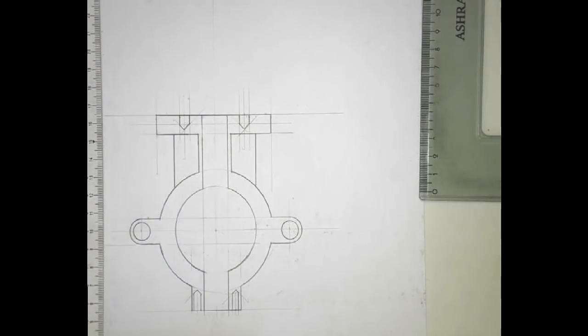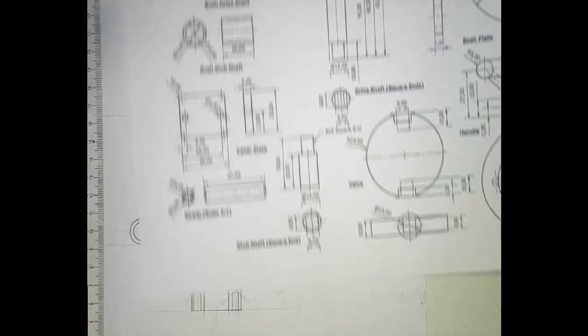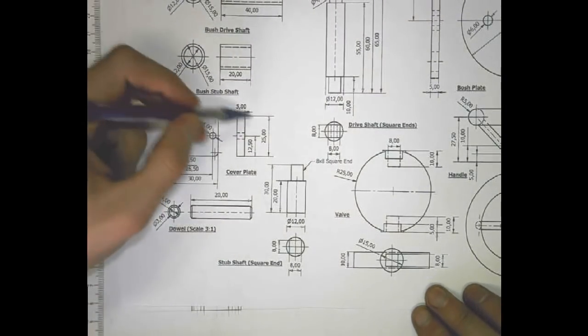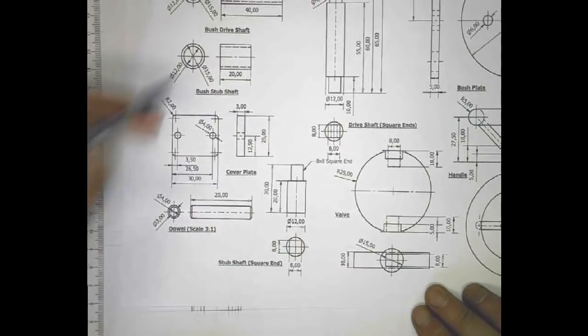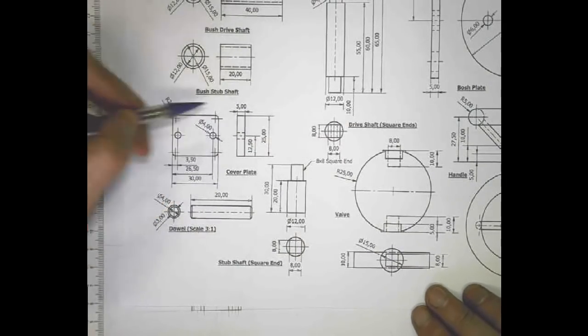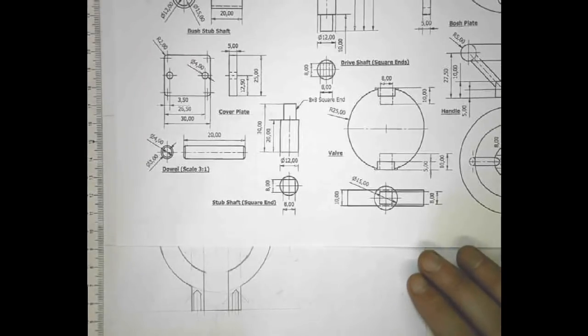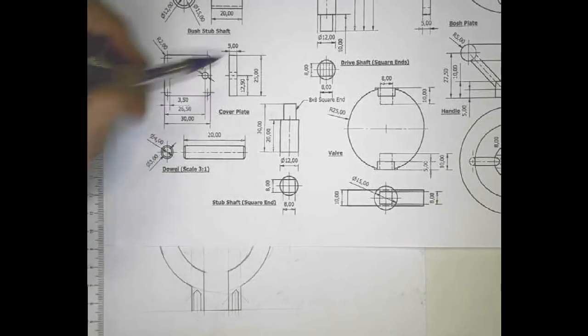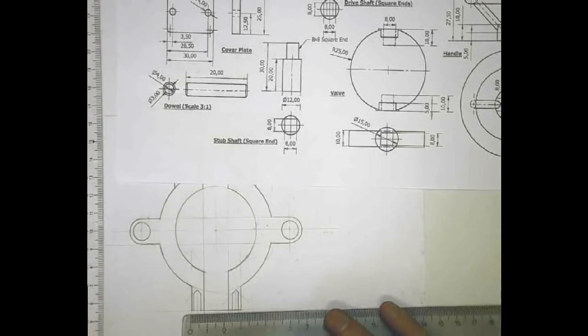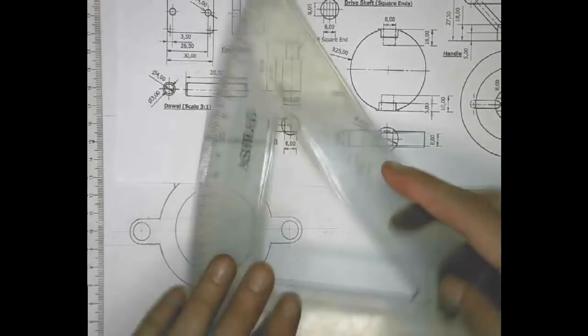So we'll start with the cover plate, and if we look at our orthographics here, we have our cover plate. This is the important view. We will have these holes indicated, and it's 5 millimeters thick and 30 millimeters long, which matches up with our base over here.